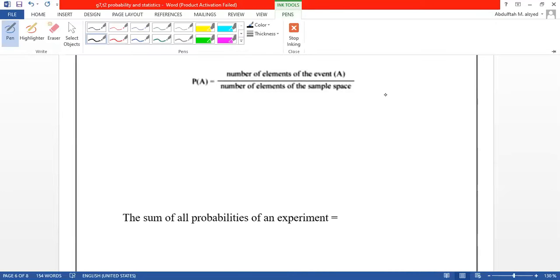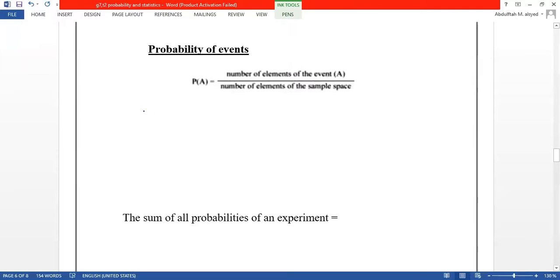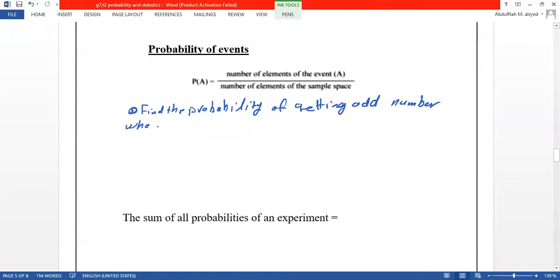As we have mentioned before, if you want to find the probability, for example, of getting an odd number when throwing a dice once, what's the probability of getting an odd number when throwing a dice once?